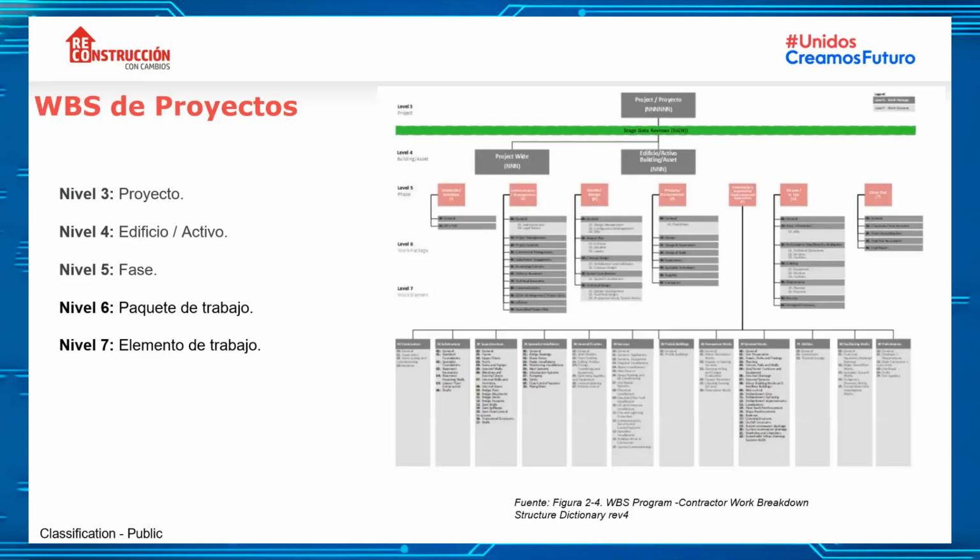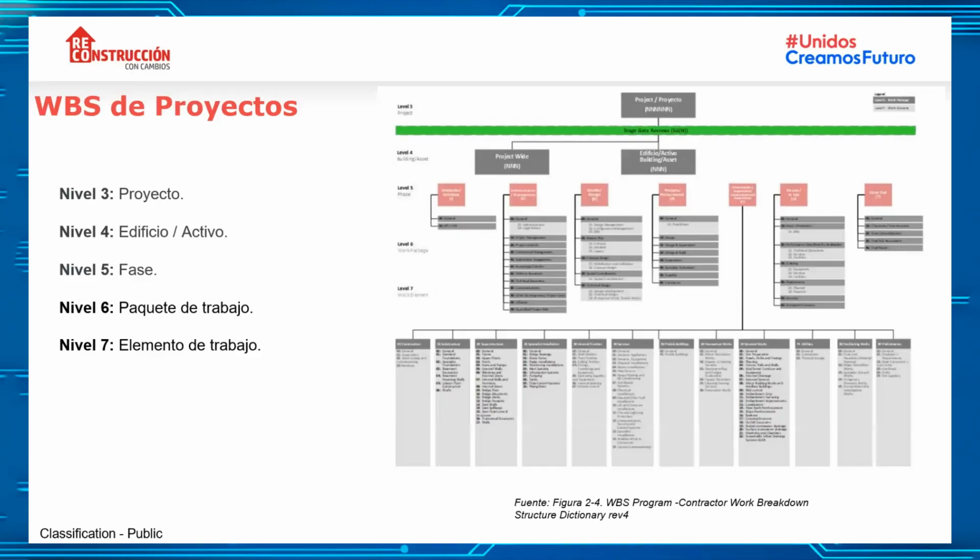Level 6 defines the work packages. These packages allow the WBS and the cost breakdown to have a 1:1 ratio, and this is very related to the cost. The work packages are specific to each project.